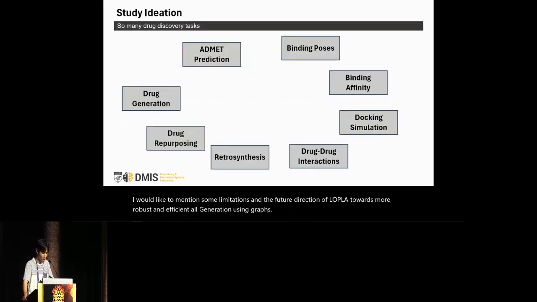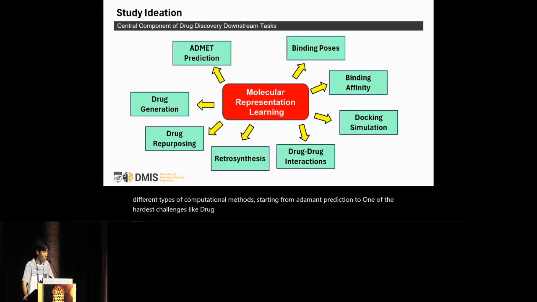Okay, so as you know, there are many drug discovery tasks which could be tackled by different types of computational methods, starting from ADMET prediction to one of the hardest challenges like drug generation. All of these tasks have one common feature: the central component of these downstream tasks revolves around molecular representation learning, meaning that performance depends on how much the model really knows about the characteristics of the molecules.